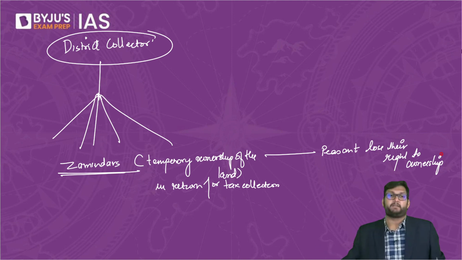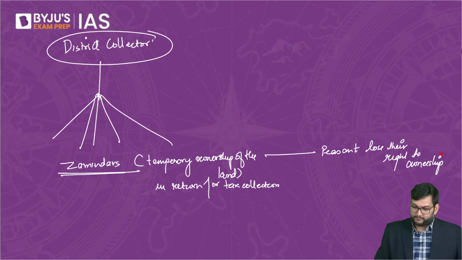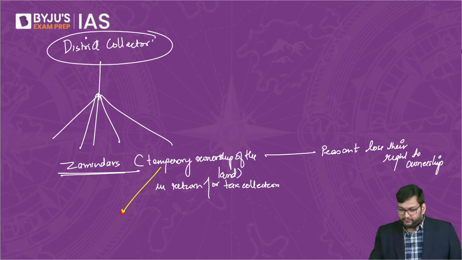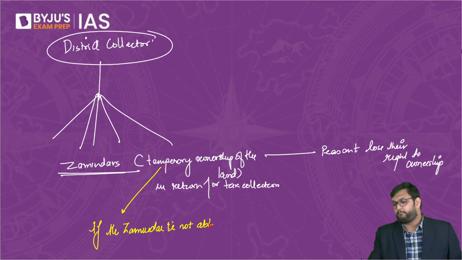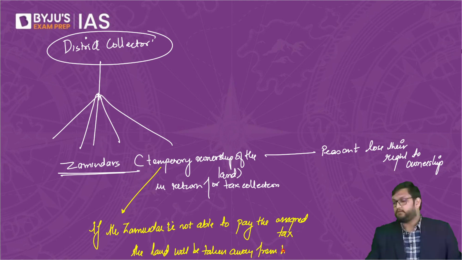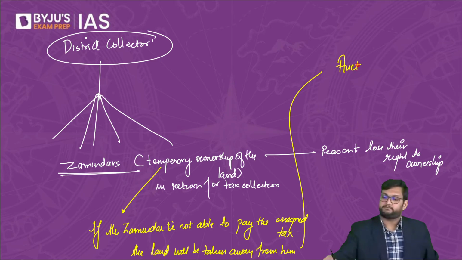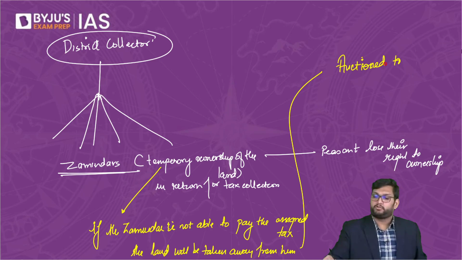It is temporary because if the zamindar is not able to pay the assigned tax, the land will be taken away from him and auctioned to the next highest bidder for ownership.